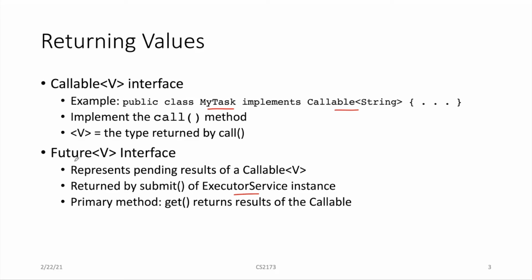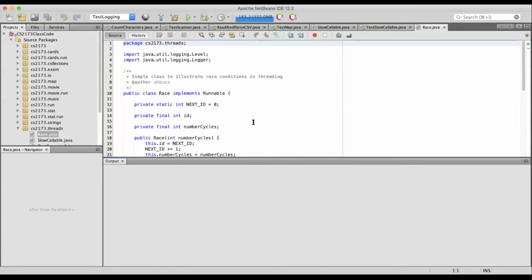We'll see about grabbing those futures. It has a method called get that returns the result of what the callable returned with its call. If that doesn't make sense yet, it will once we get to doing some code. Okay, so now I should have you completely confused, but let's take a look at this.